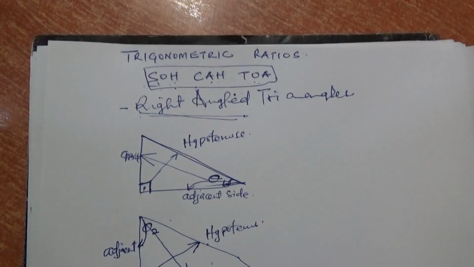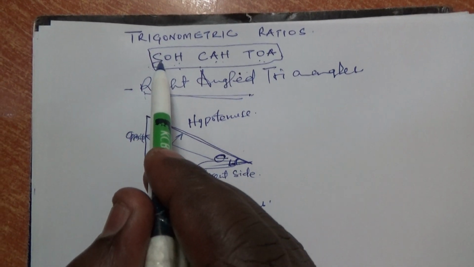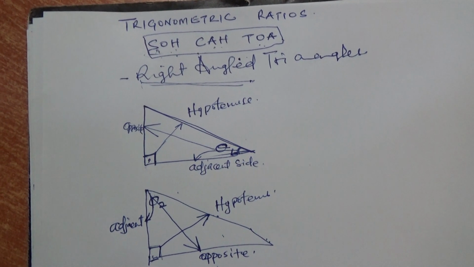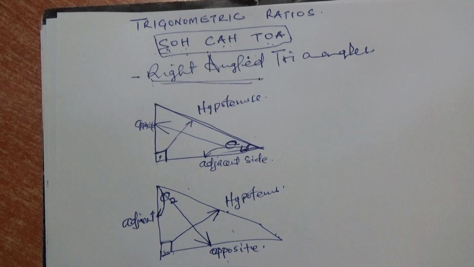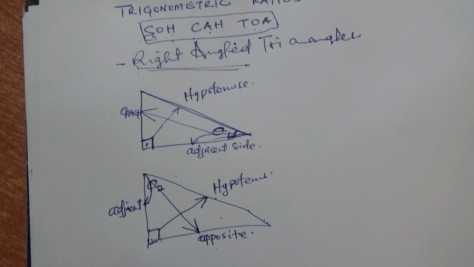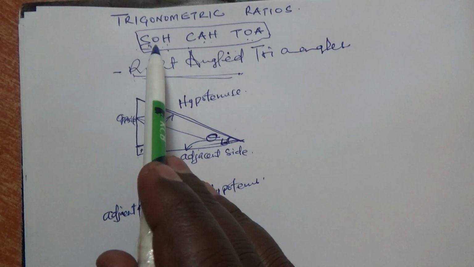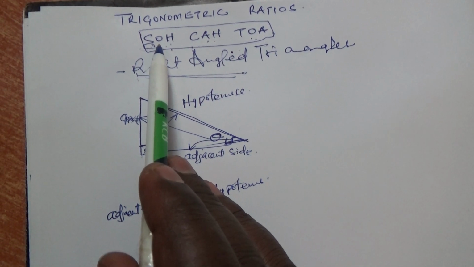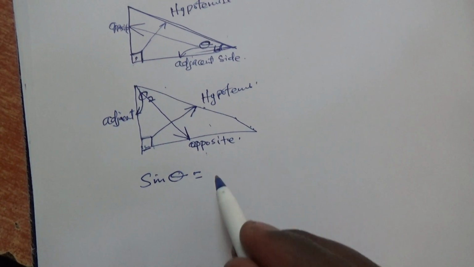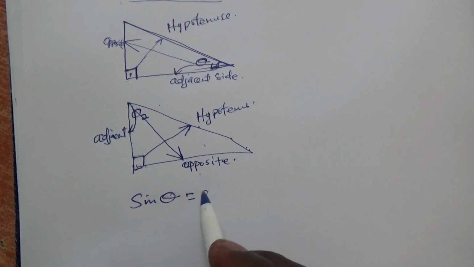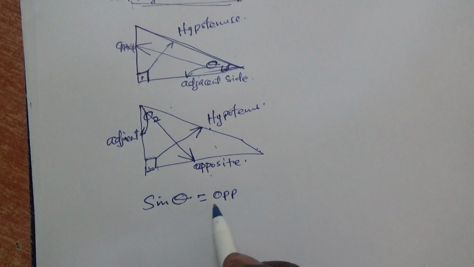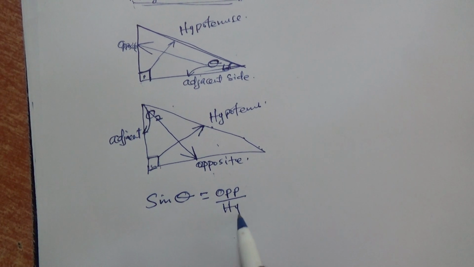All right, for example, sin theta, from the word SOH, we are dealing with opposite and hypotenuse. So sin theta here is going to be opposite over hypotenuse.